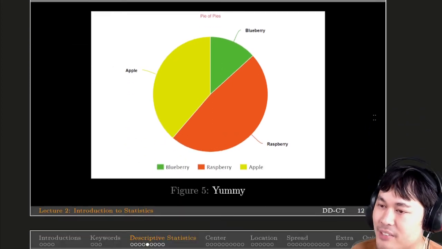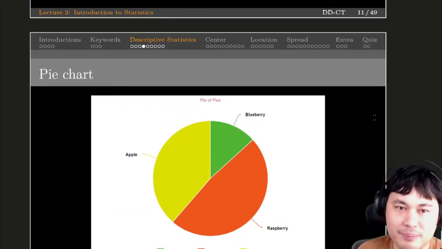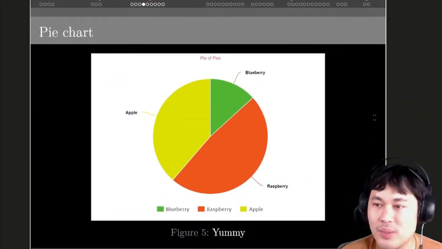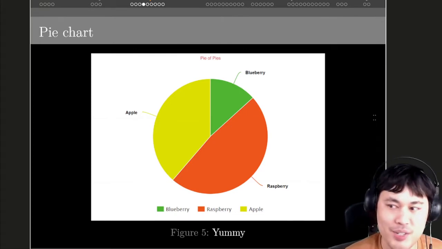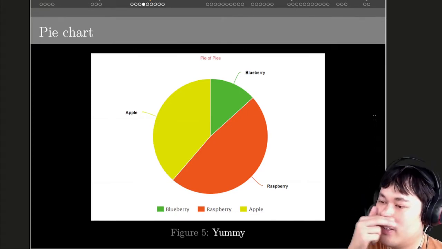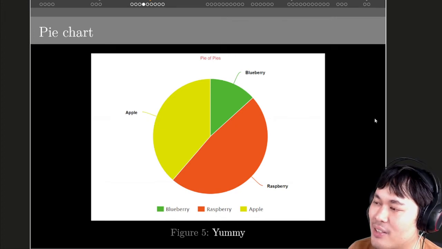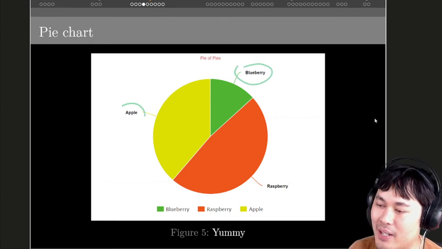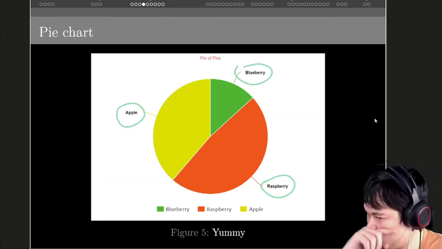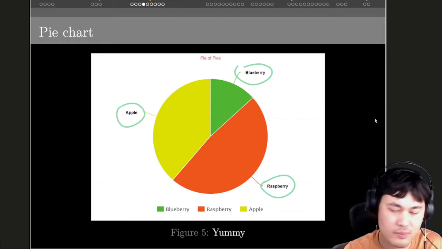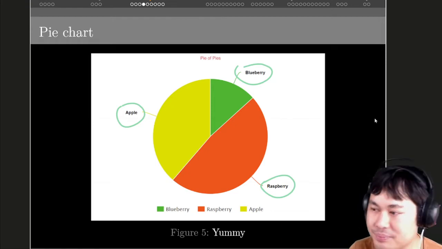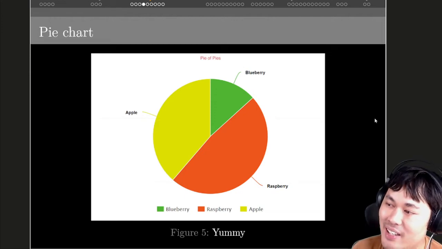And then we have a pie chart, and if you take a look at it for a moment, you can see that this is a joke. So we have little pies. We have blueberry pie, apple pies, and raspberry pies. But anyway, pie chart.